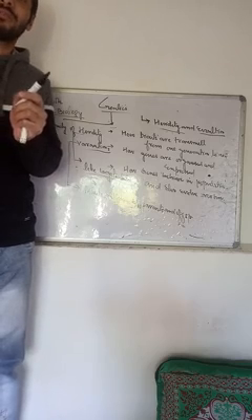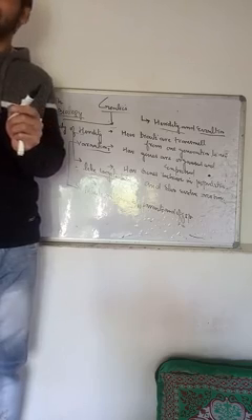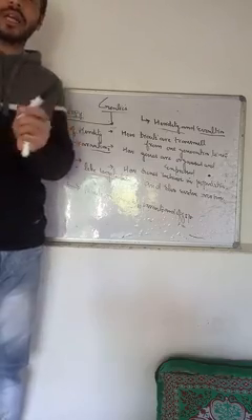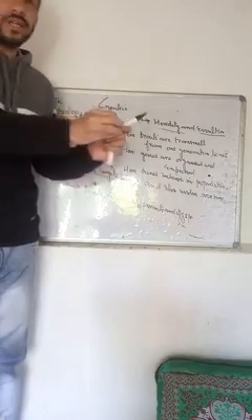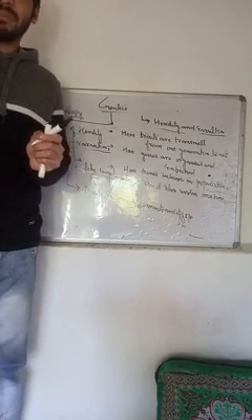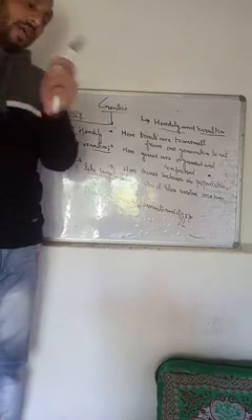These are called traits, and these traits are expressed because of genes. This is what genetics is, how these traits are transmitted: how the color of the eye is transmitted to an offspring, how the shape of the nose is transmitted to an offspring.